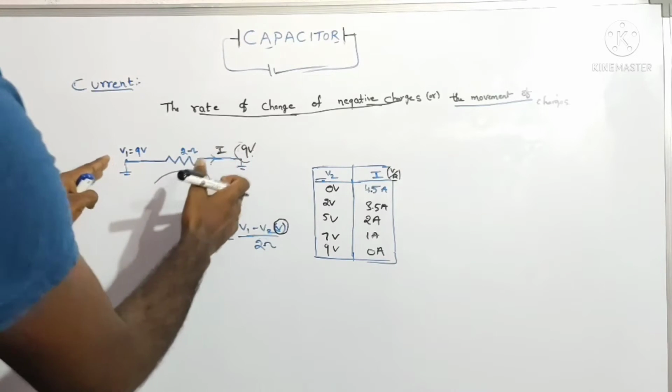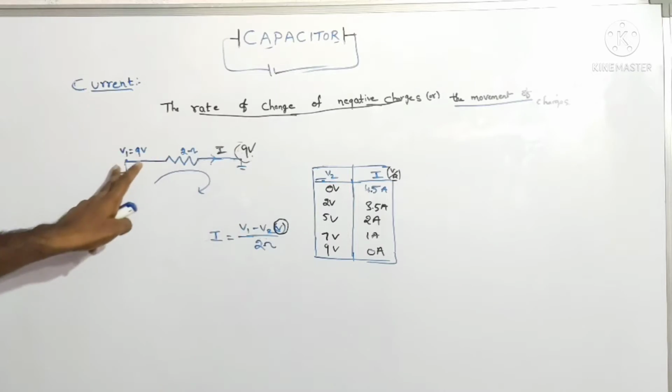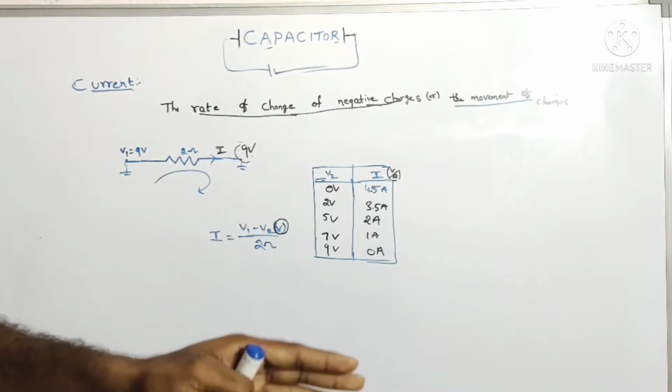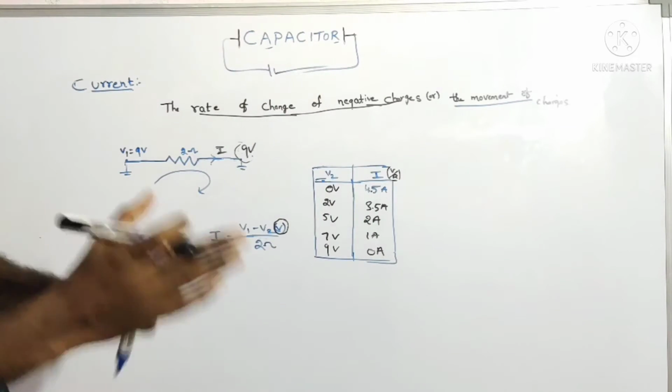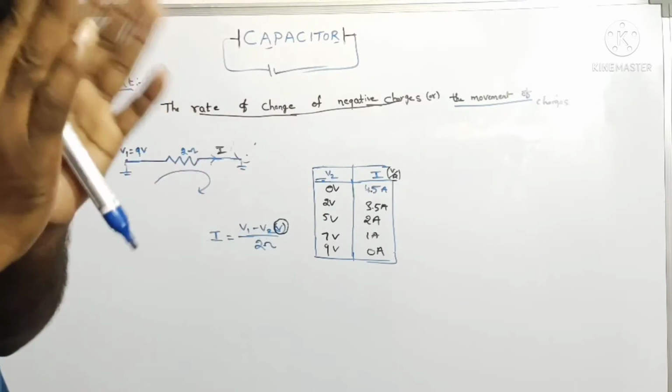When I bring this V2 to V1, there will be no current flowing in the circuit, because for the flow of current there must be a potential difference between the 2 points, otherwise the current won't flow.